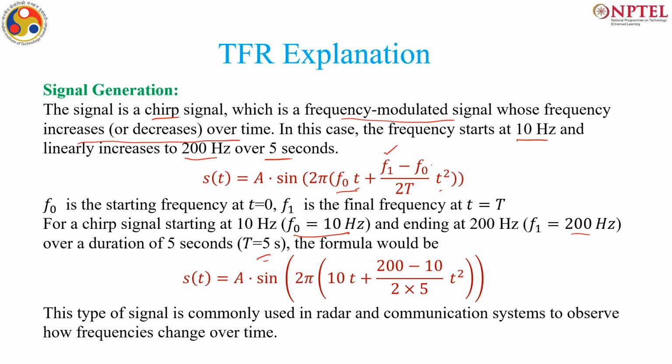Plugging in the values we get this relation, and I have plotted it in the time domain. This type of signal is commonly used in radar and communication systems to observe how frequencies change over time.